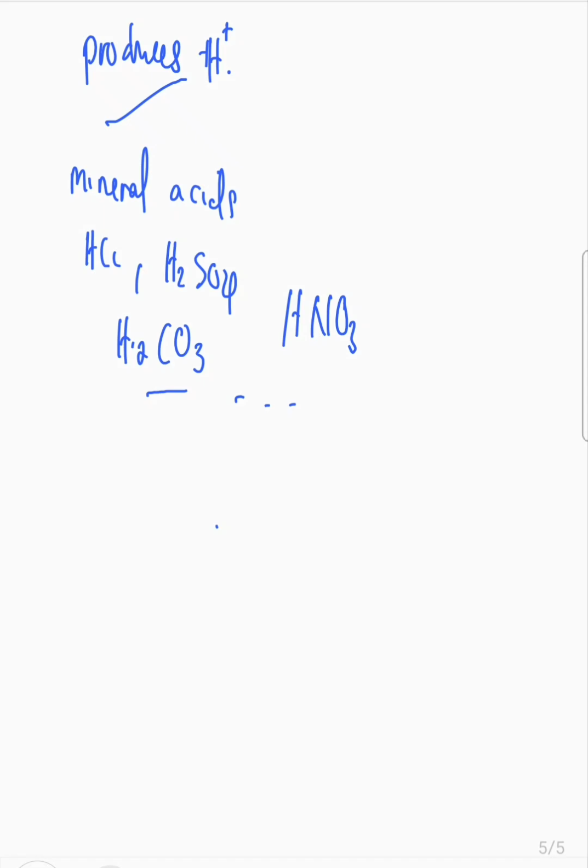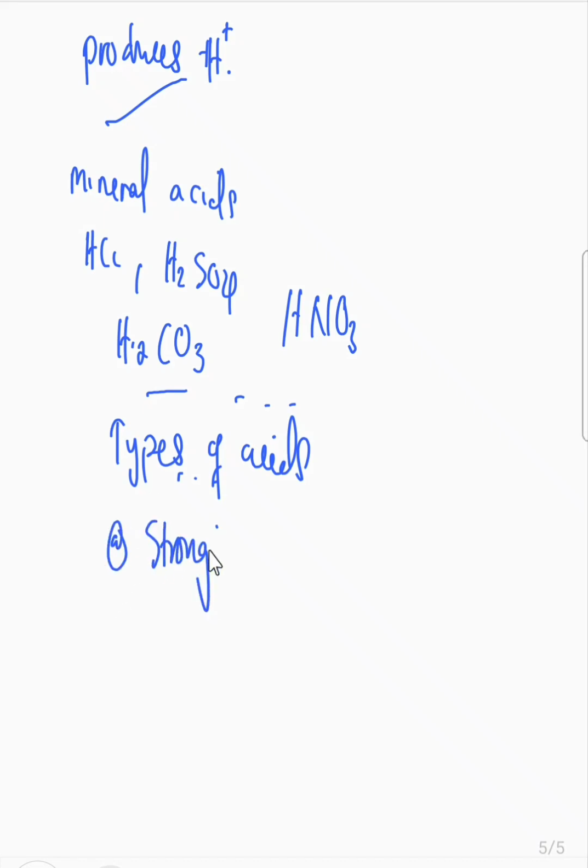Now let us look at the types of acids. We have a strong acid and a weak acid. We start with the strong acid. What are strong acids? Strong acids are acids which ionize completely.